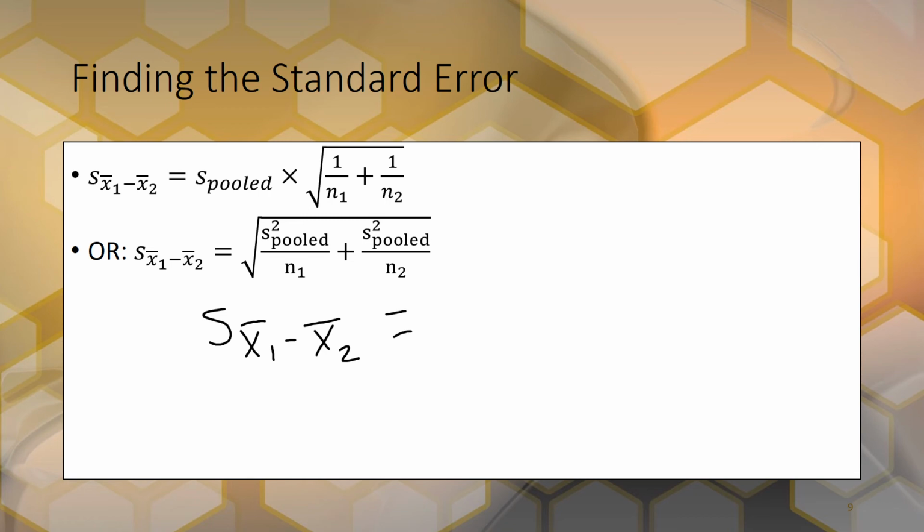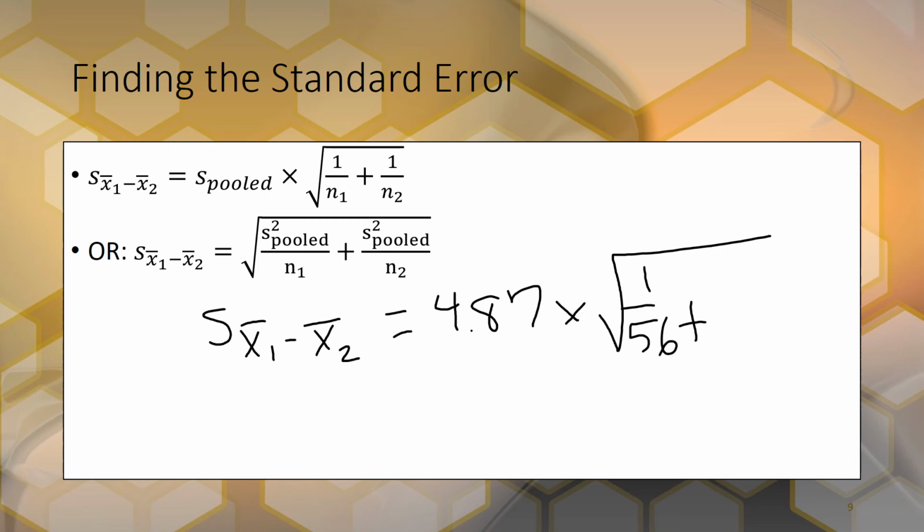And it's going to be the pooled standard deviation times the square root of 1 over the sample size for the first group, which is 56, plus 1 over 28, which is the sample size for the women. And there you have your formula. And next I'm going to show you how to use Excel to calculate this, and then how to do it with a basic calculator.